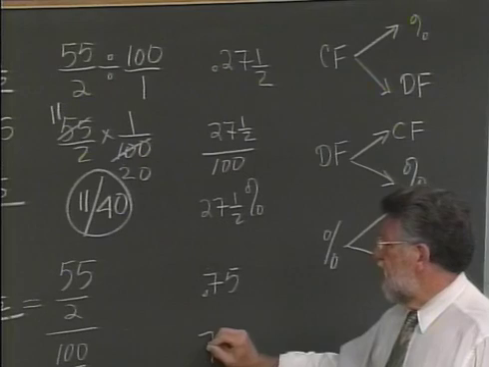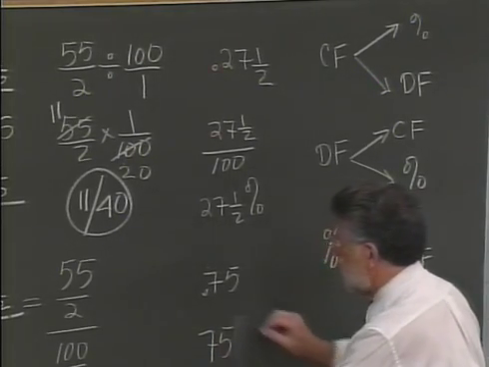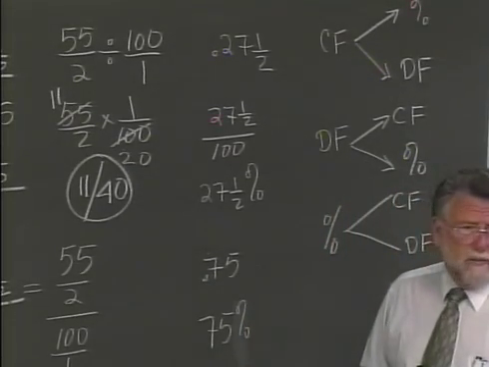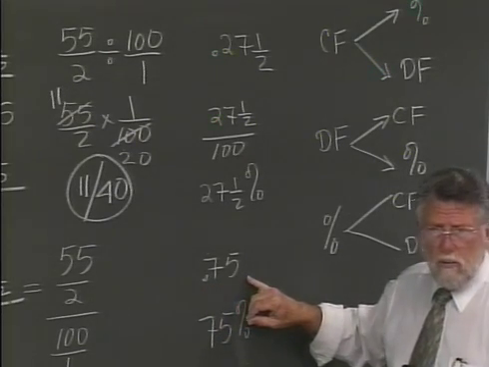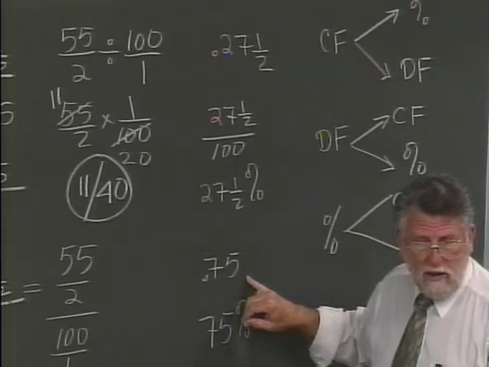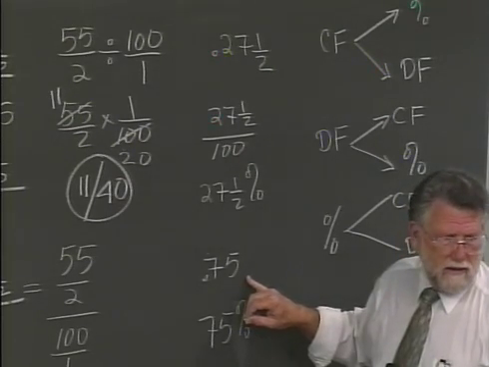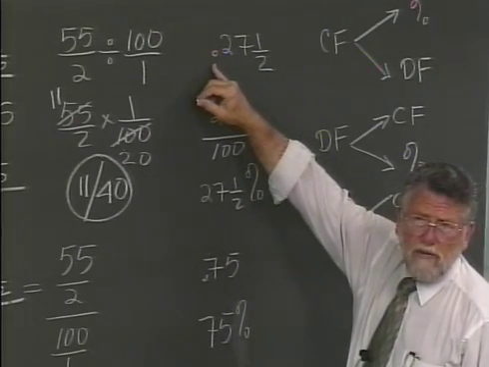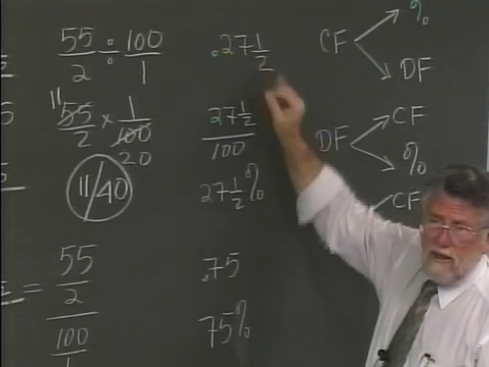And so we just say that's 75%. What have I done in each case as I look at where the decimal point was and where it is as a percent? It started here, and I moved 2 places to the right. So to go to a percent, I went to the right. I was here as a decimal, but I wanted to go to the what? Go to the percent, and I moved it 2 places to the right.